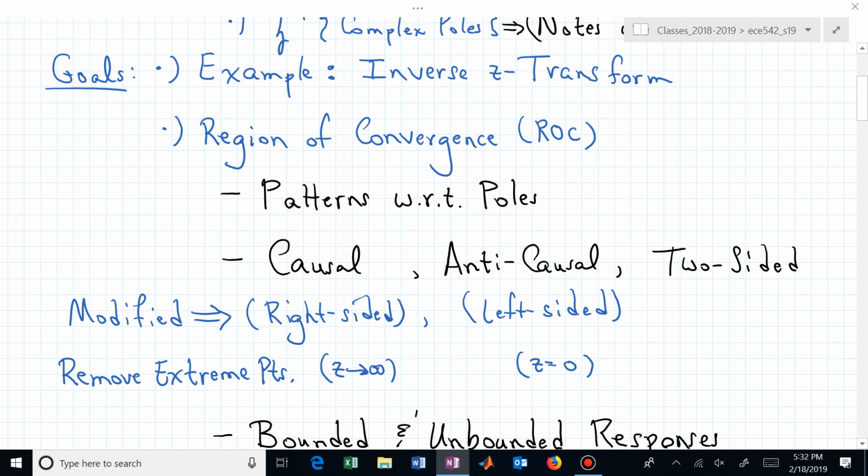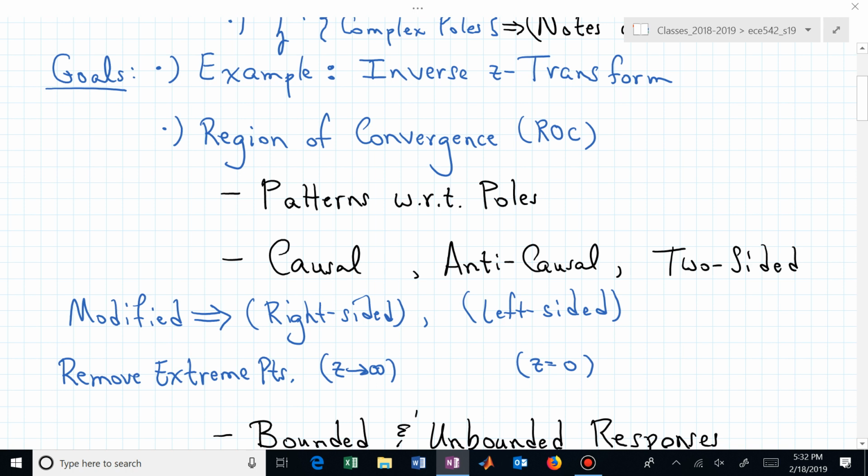When do we expect poles to correspond to causal, or if it's modified, a right-sided sequence? When do we expect poles relative to the region of convergence to correspond to anti-causal, or if modified, left-sided? And here I'm showing you why it could, or how it could be modified, the region of convergence.